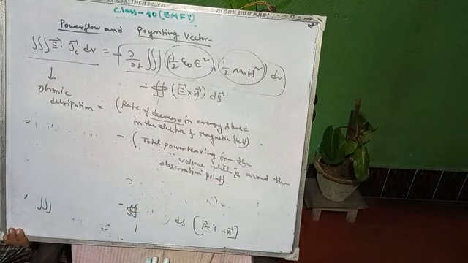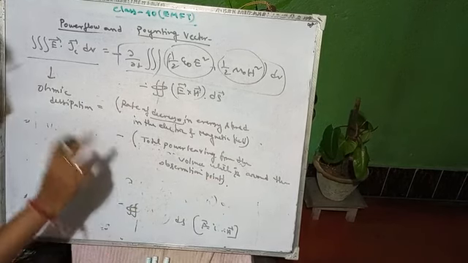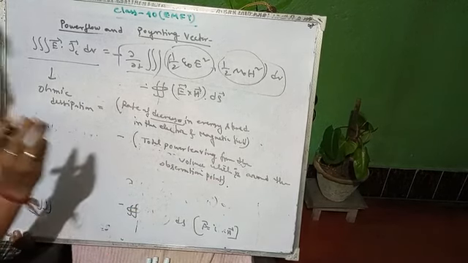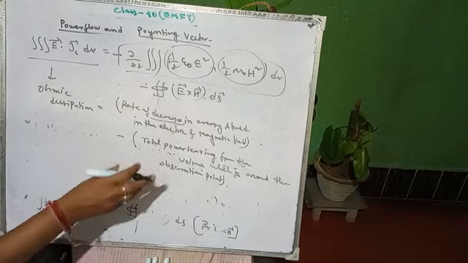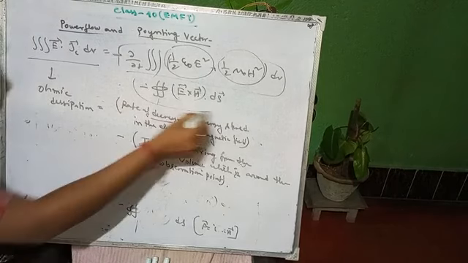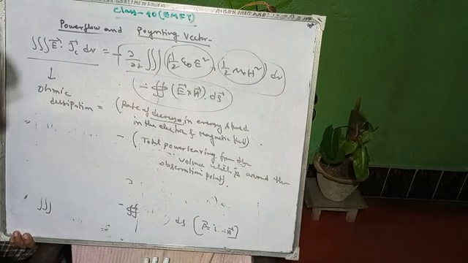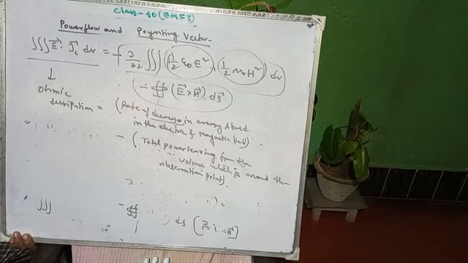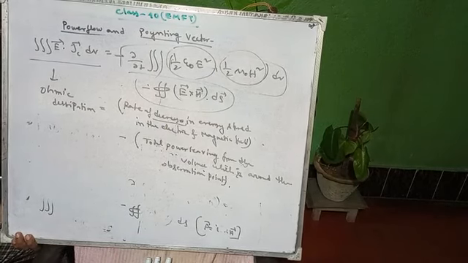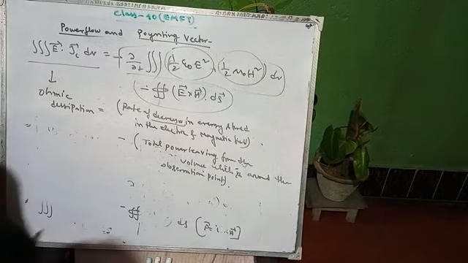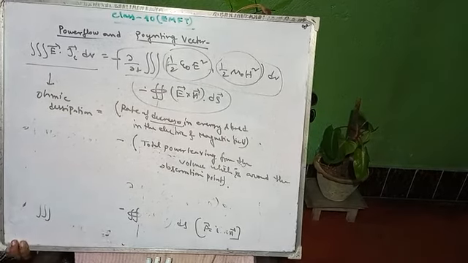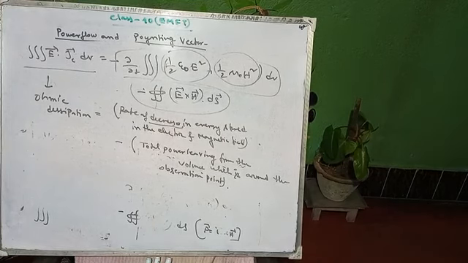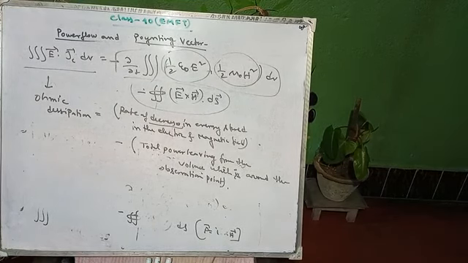So we are taking a point P. Around this point P, we can consider a small volume, and within this volume, the total energy leaving from this volume will be written in the form of this one, E cross H over the surface ds. So this is all for your power flow equation and Poynting vector.